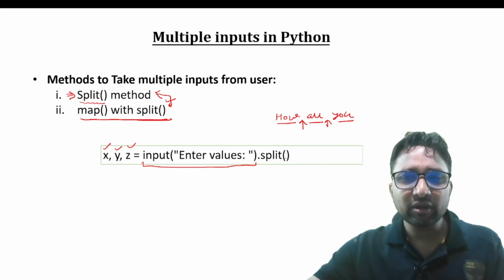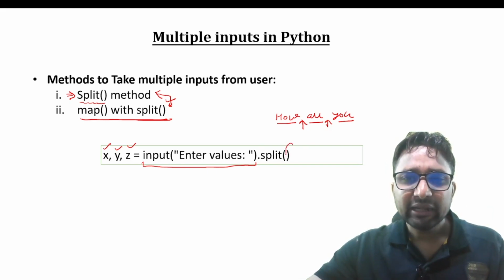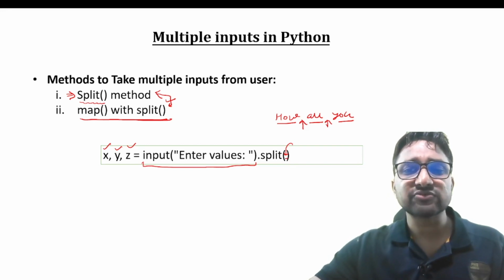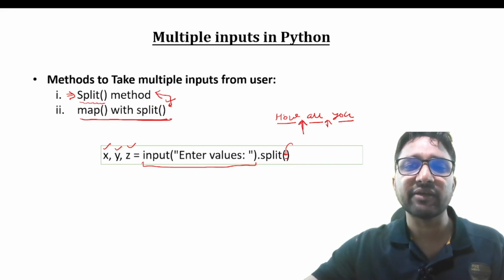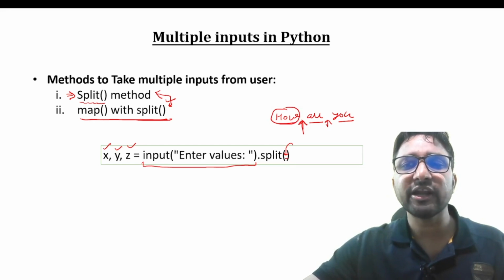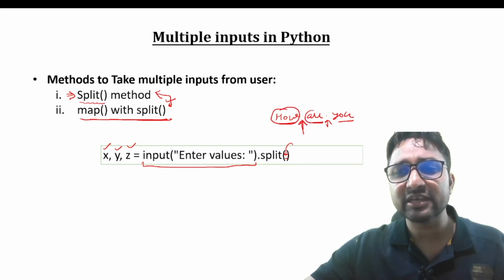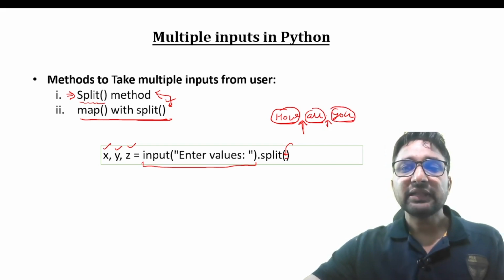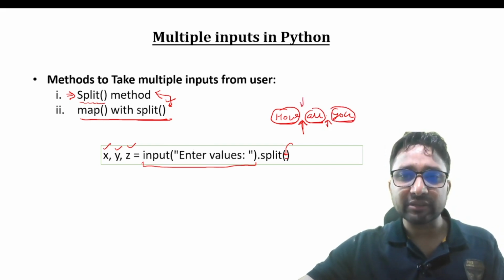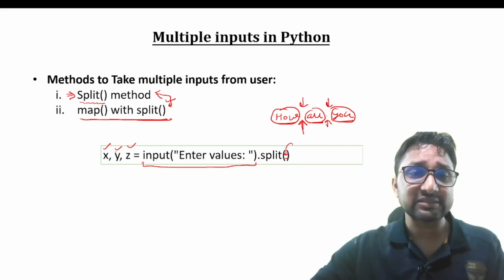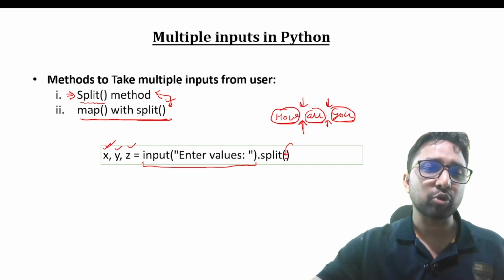By default we are not giving any symbol in this function, so by default whenever a space is there, it will say that up to here is one input, and the second input starts from here and goes up to the next space, and then the next one is this. So three inputs will be considered based upon the space, and they will be stored into these variables.